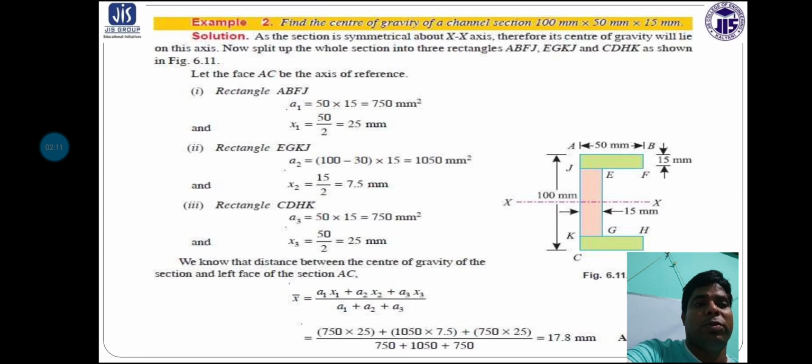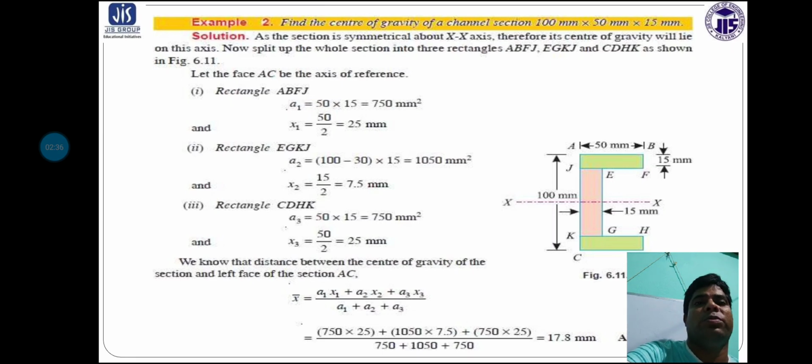If the figure is symmetrical, we have to find out only x bar or y bar. But if the figure is not symmetrical about any axis, you have to find the center of gravity for both axes, that means x bar and y bar will be calculated separately.